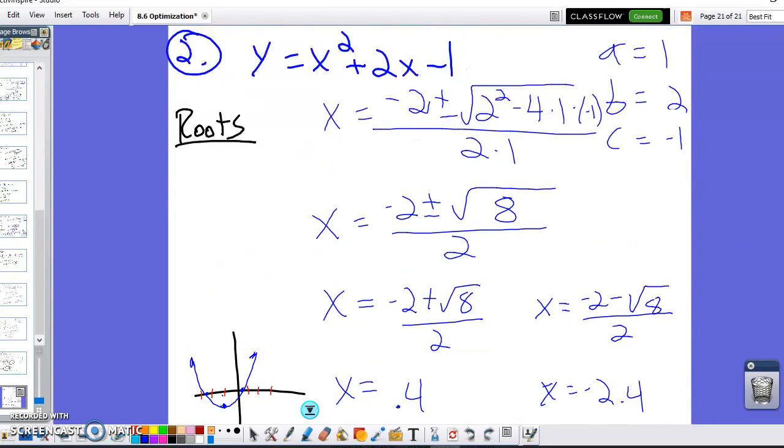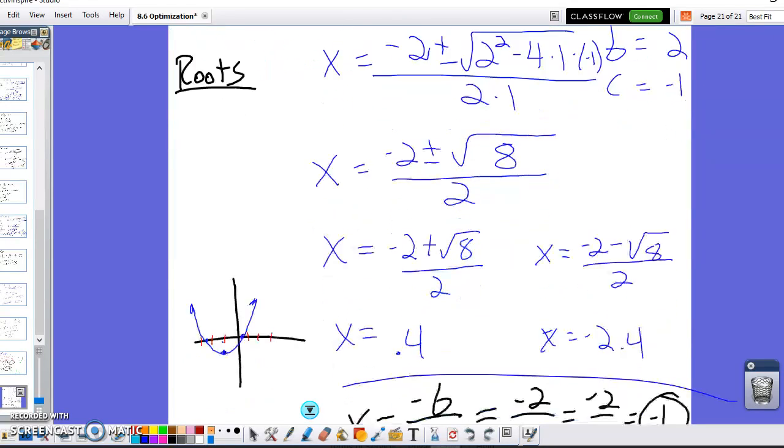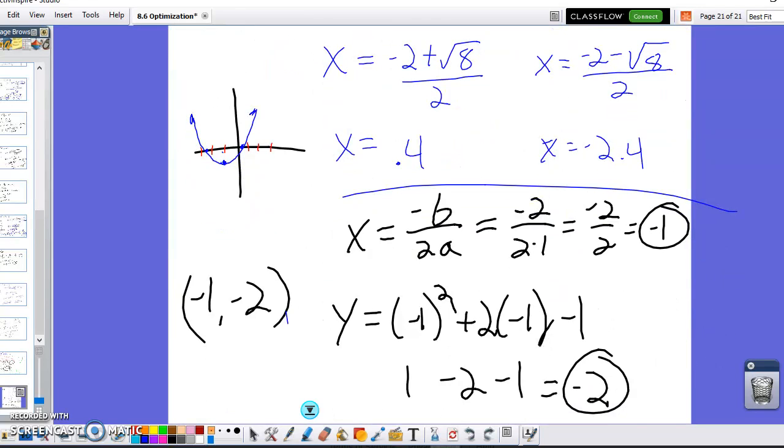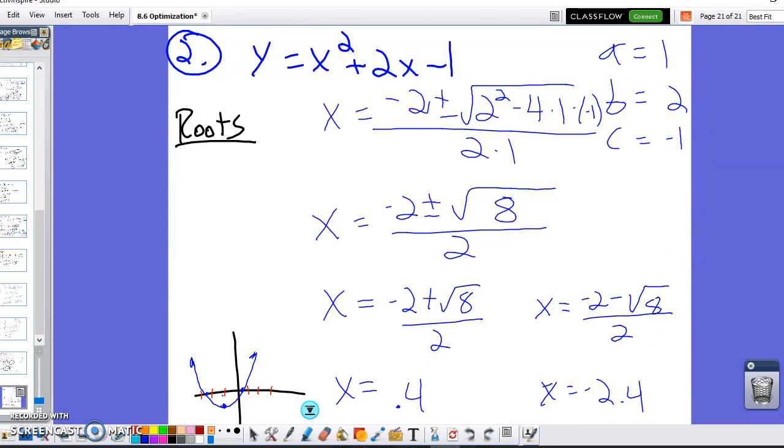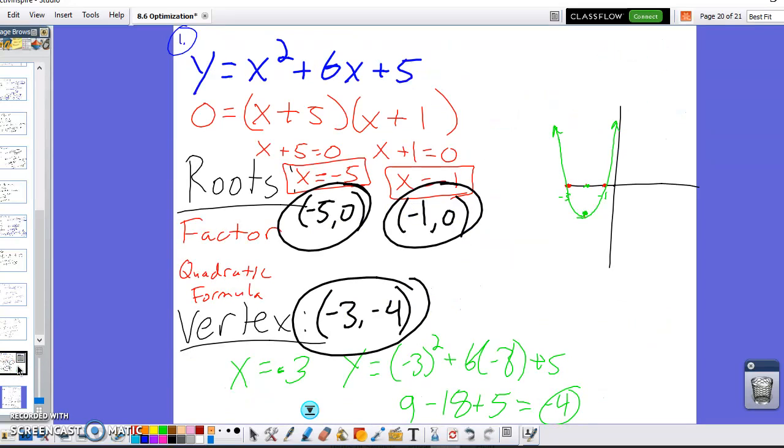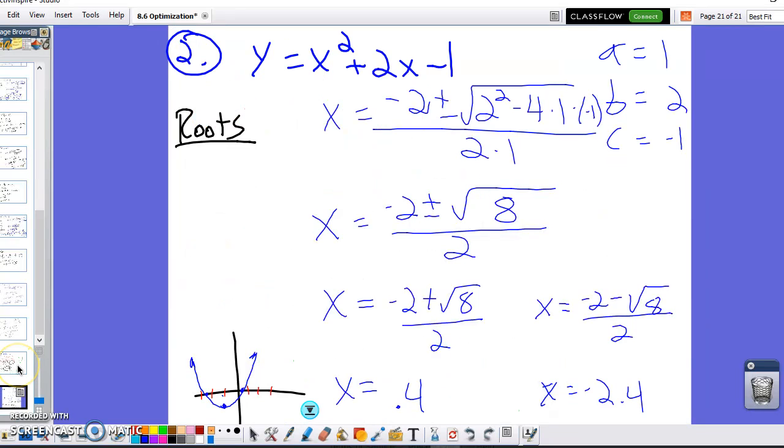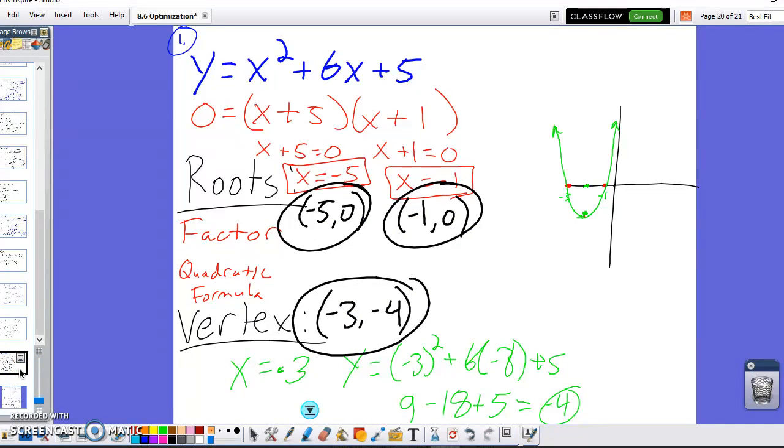In order to graph a parabola, my quadratic equation, I need to know the roots and I need to know the vertex. The roots I can find by factoring. That's how I did the first problem. I factored it. It was nice and easy. That factoring doesn't always work, only sometimes.